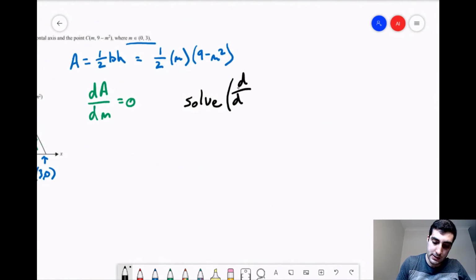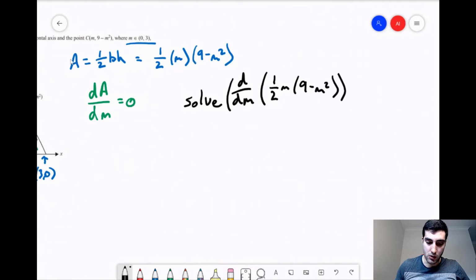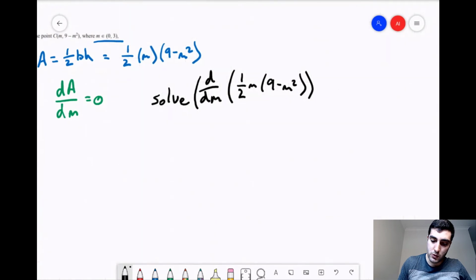So we want d/dm of half m times 9 minus m squared. So this here is the derivative of function A, the area. Equating that with 0, and then solving for m on the calculator.